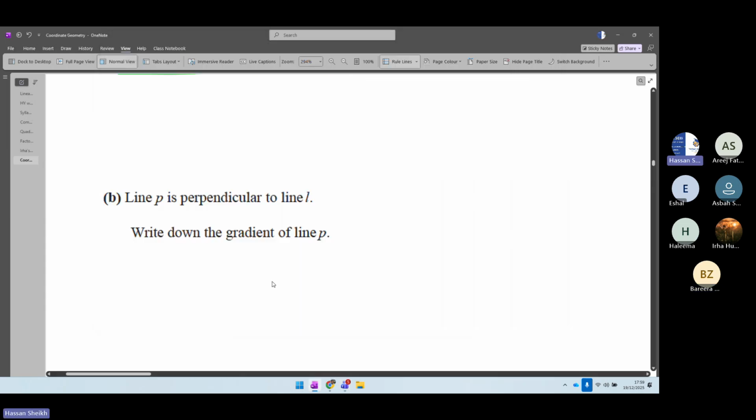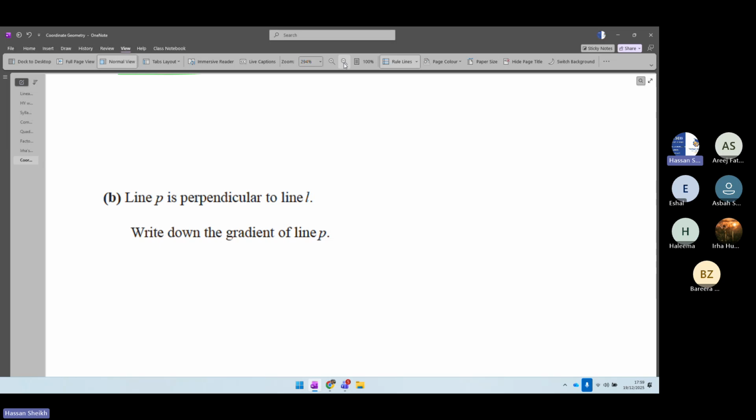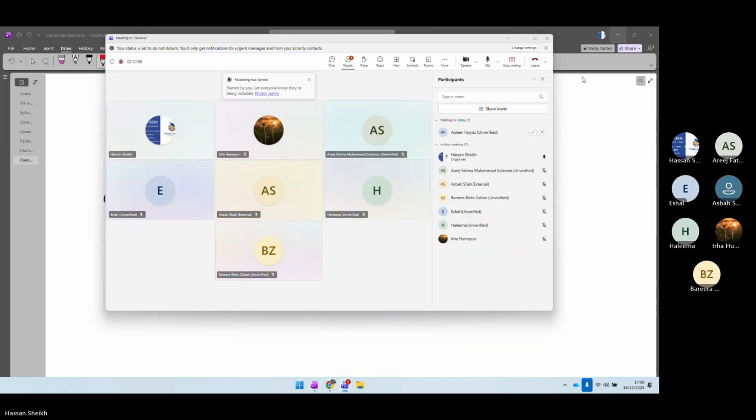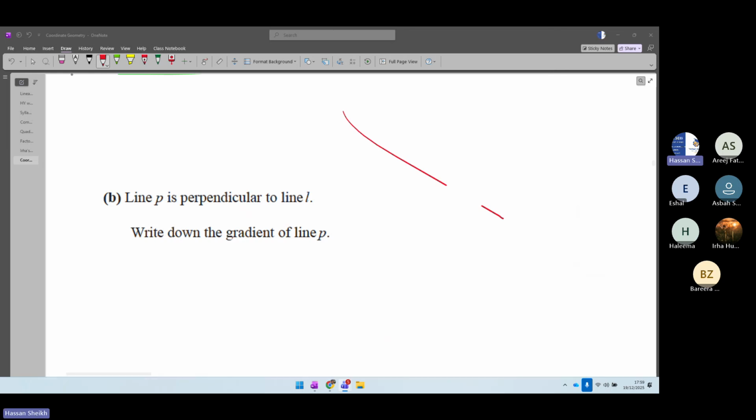Okay, so line P is perpendicular. There is another line, let me draw here. Now please focus here.